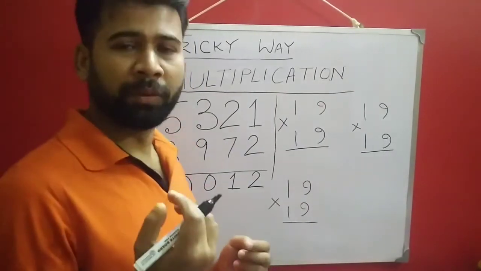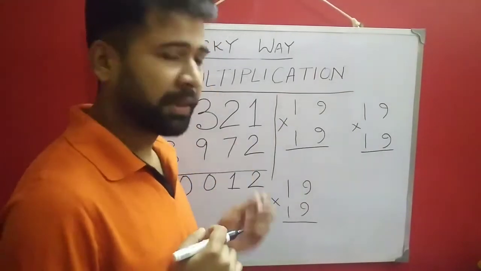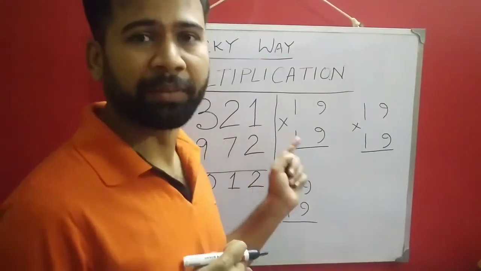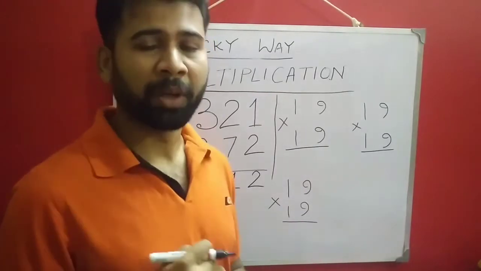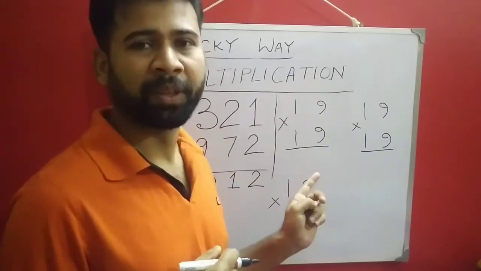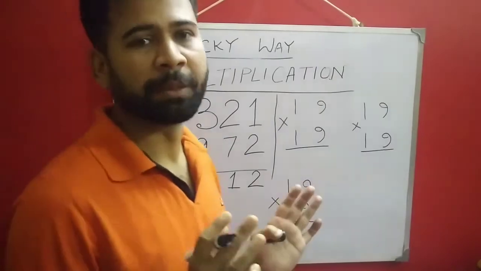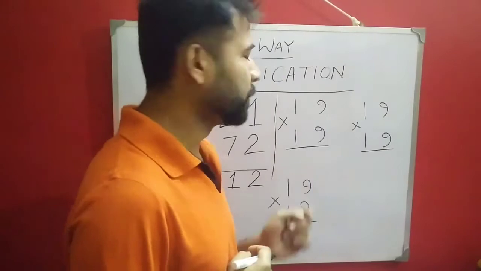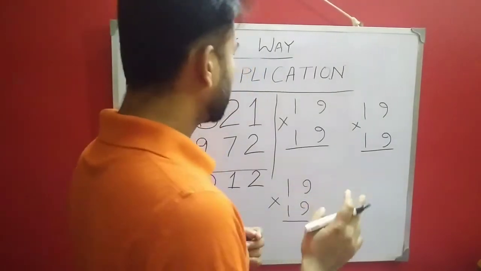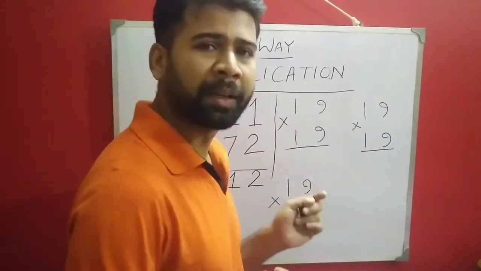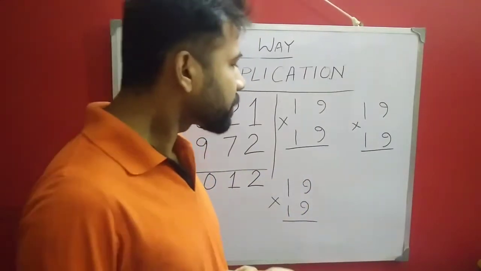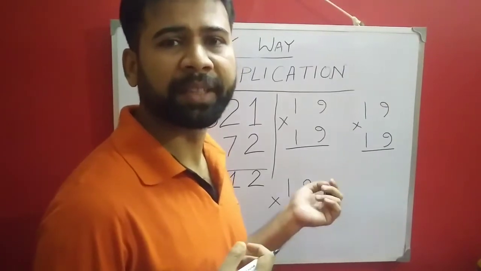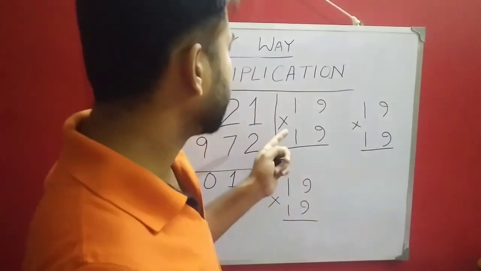I'm going to illustrate it, but for that, please watch the video till the end, because every step of this calculation is very important. I want to multiply 19 by 19. You need not remember the 19 table.